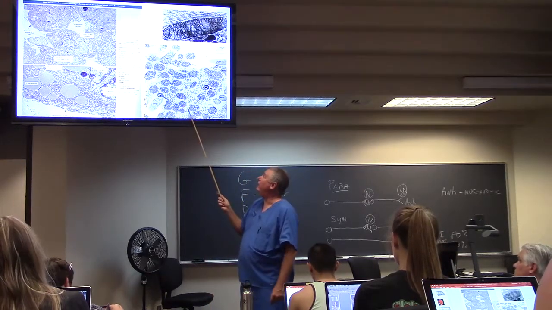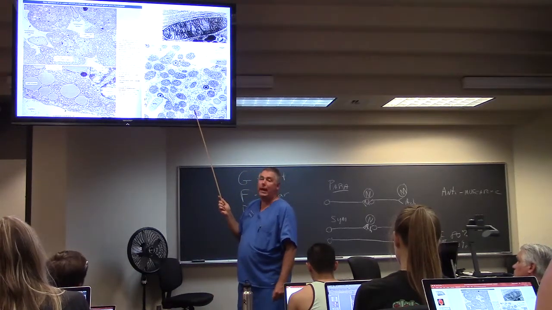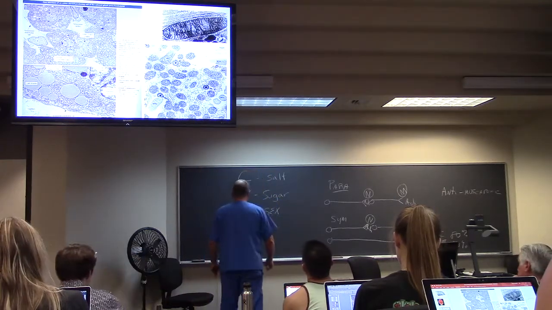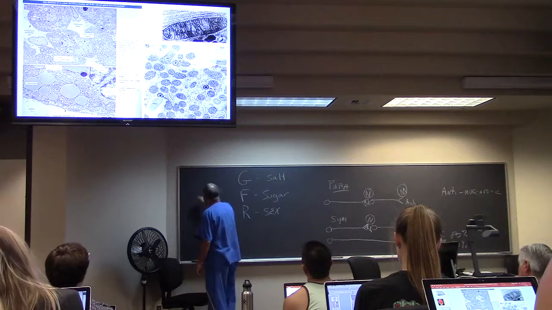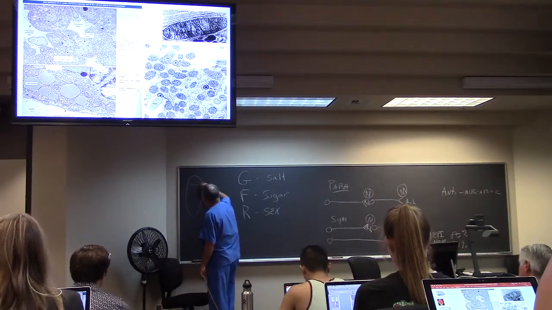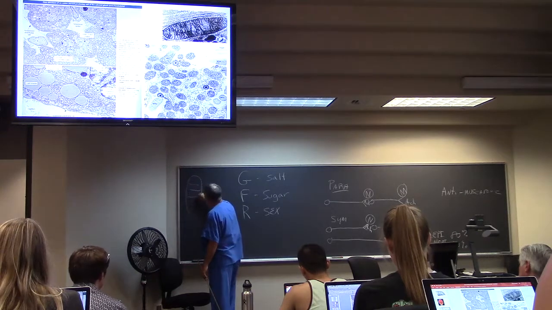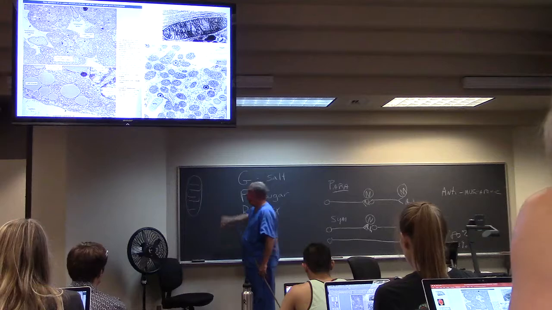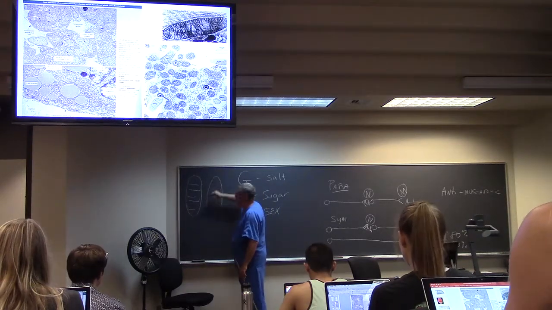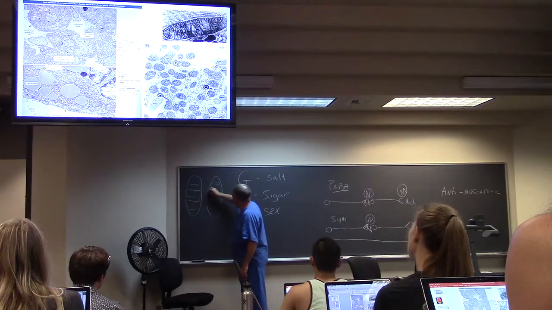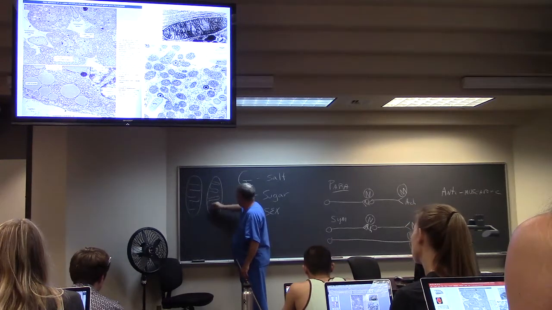And the mitochondria, the cristae, are tubular. If you look at the mitochondria of a protein synthesizing cell, the cristae look like that. But on one of these cells, it's tubular.